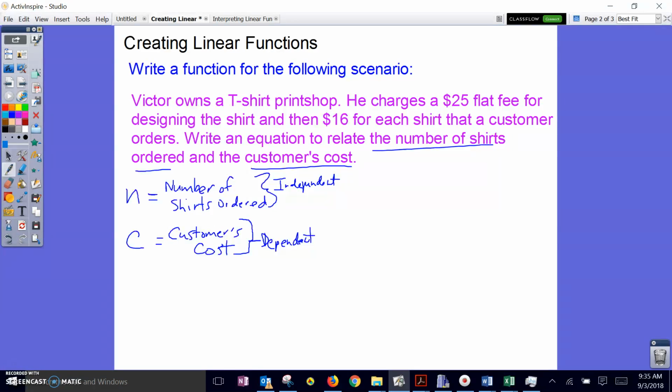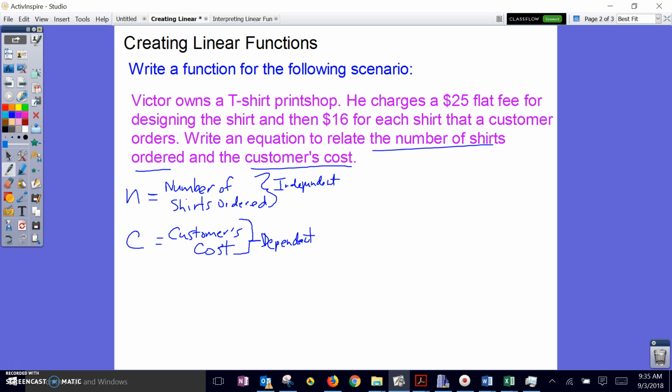Okay, so once we've identified those 2 things, we now turn to question number 4 on our list of questions. How much does the dependent variable change when the independent variable changes by 1? So if we order 1 more shirt, how much does the customer's cost increase?